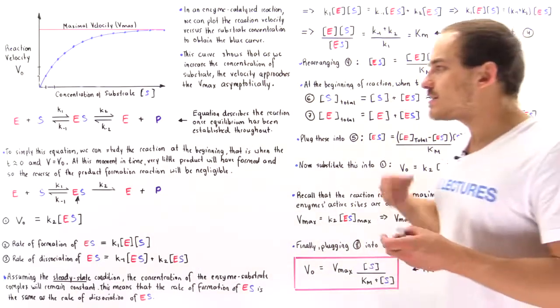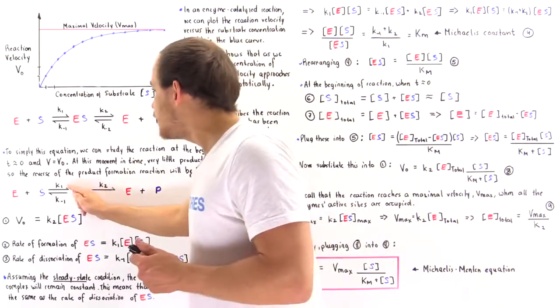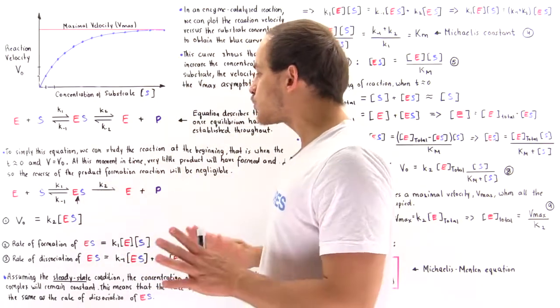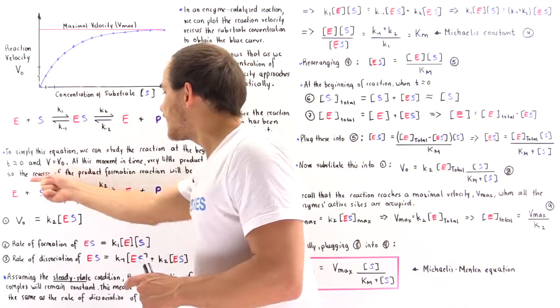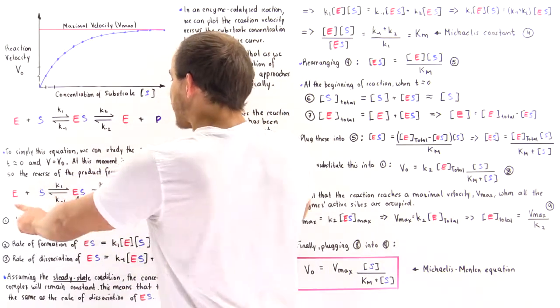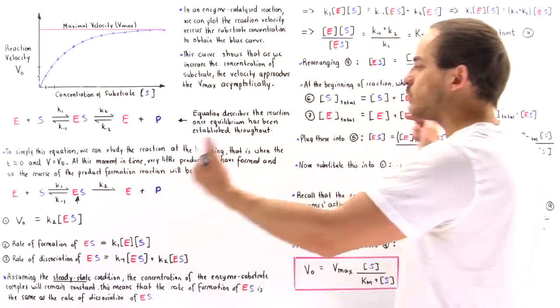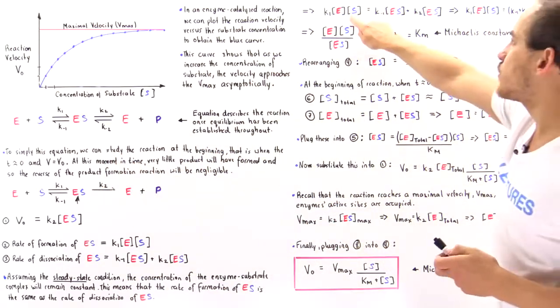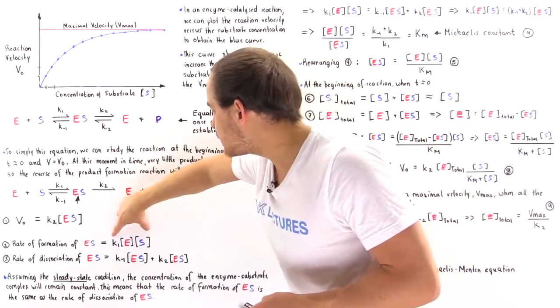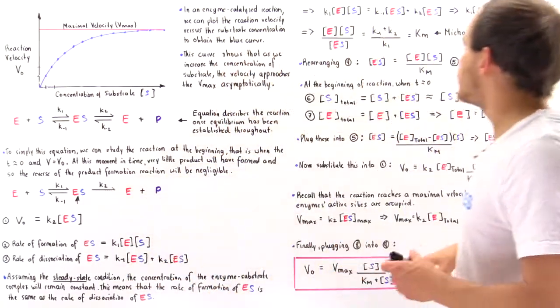So once again, a steady state condition means this concentration remains unchanged. And the only way that's true is if this K1 reaction is equal to these two reactions here. So the breaking is equal to the forming. And so that's exactly what we do in this step. We essentially equate this equation to this equation here.